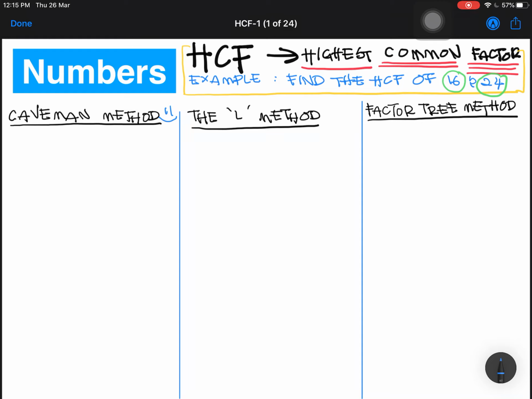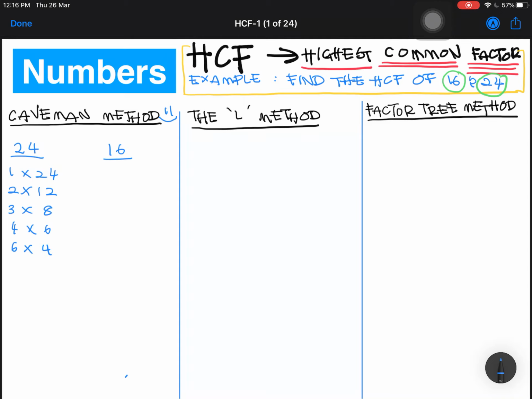For example, 24 and 16. This is what you do. You first list down the factors for each number. For 24, we have 1 times 24, 2 times 12, 3 times 8, and 4 times 6. 5 we don't have, and then we go back to 6 times 4.